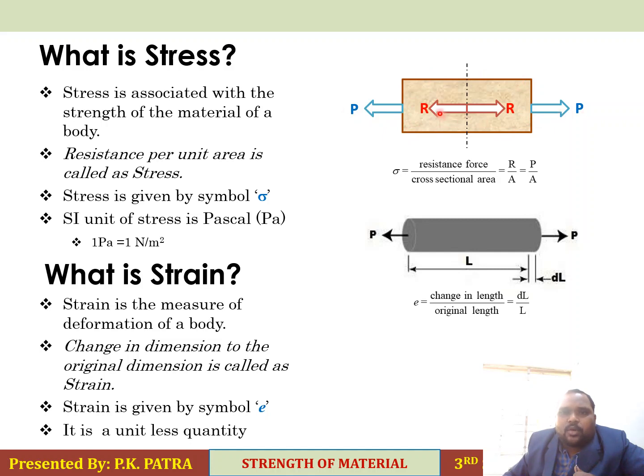Now tensile load P is there. How do you know this one is tensile? See, the loads are acting outwards. That means it is a pulling force. So due to this tensile load, the material may elongate. So elongation of the metal is a failure.